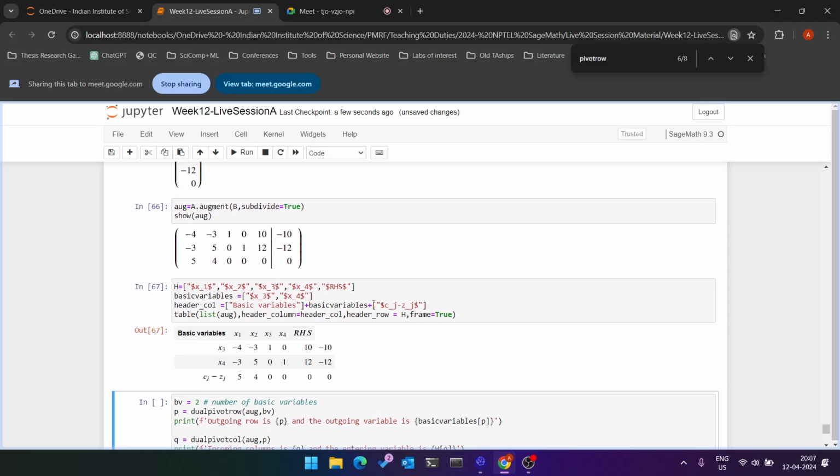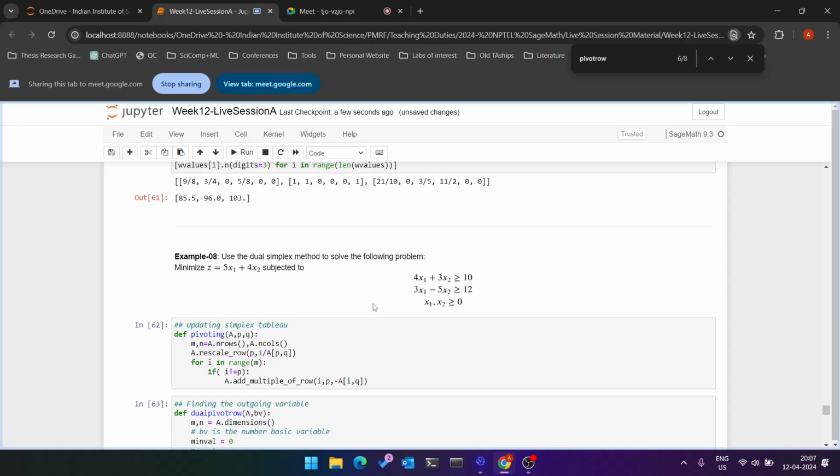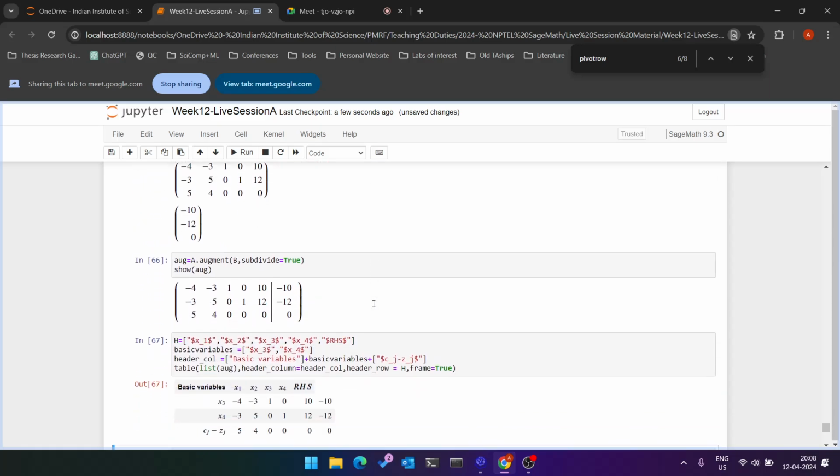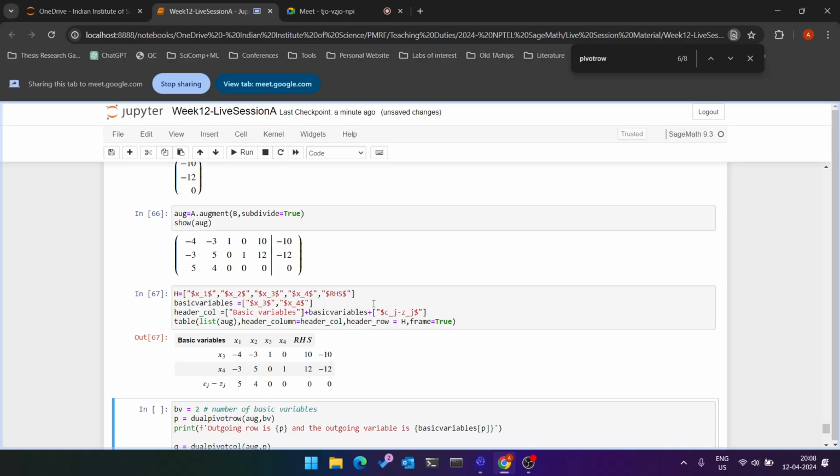Okay. I think I have x1, x2, x3, x4, and right hand side.